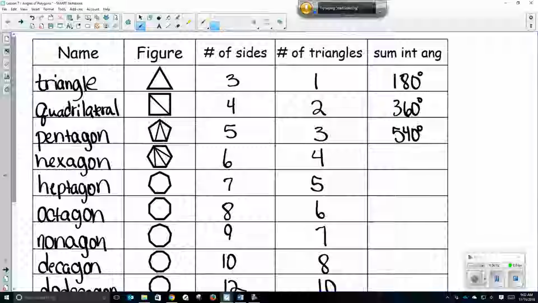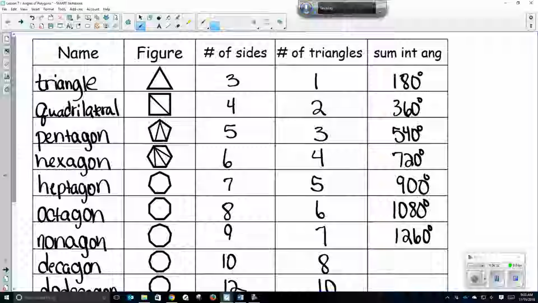And then 4 times 180 would be 720. 5 times 180 would be, 6 times 180 would be, 7 times 180 would be, have to carry the 1.